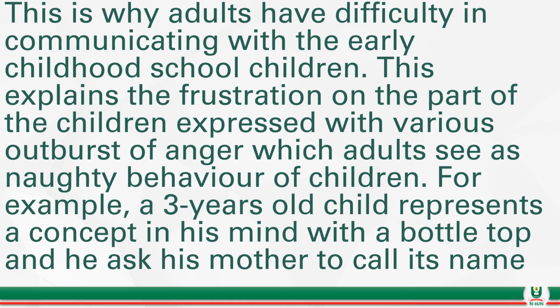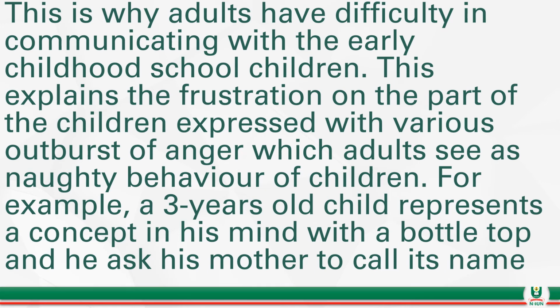So this is because we as parents, or we as teachers, failed to understand the child's symbol representation. For example, a child of 3 years old can just show a bottle top to his mother, and what that represents to him might be that he wants to drink juice, and the mother will just say, do you want to count?